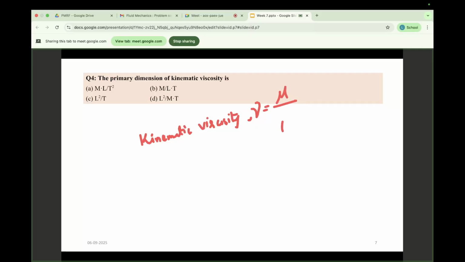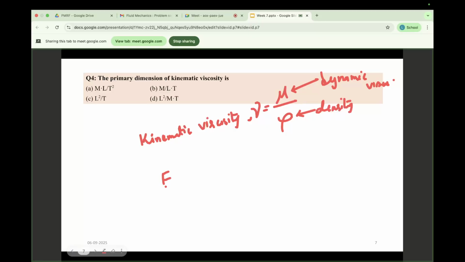Rho is density, you know, and mu is dynamic viscosity. So how will I get mu? Where do you find this mu?